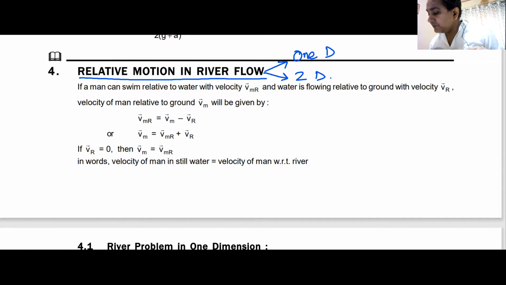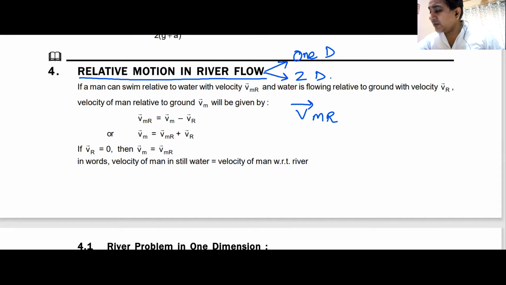The first term is known as VMR. Now we are mature enough to understand what the meaning of VMR will be. Can anyone tell me the meaning of VMR? You don't know anything about river flow right now. What would be the meaning of VMR? M standing for man, R standing for river.